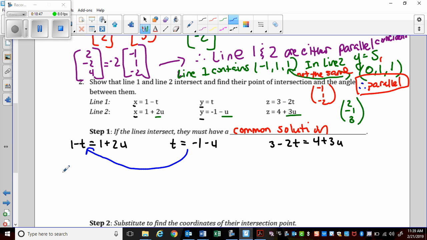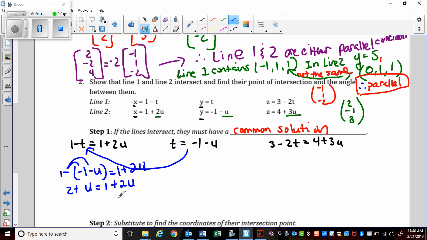So we have 1 minus t is -1 minus u equals 1 plus 2u. And I see this is 1 plus 1. I'm going to distribute this negative. So this is plus 1 and plus u. So we have 2 plus u equals, and then this is 1 plus 2u.